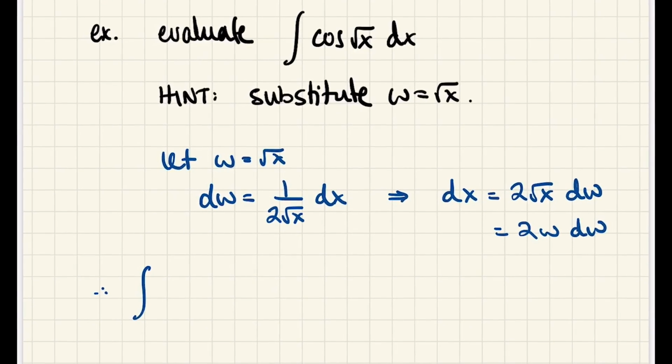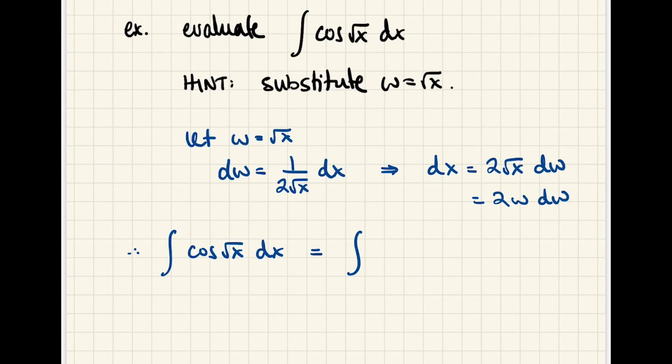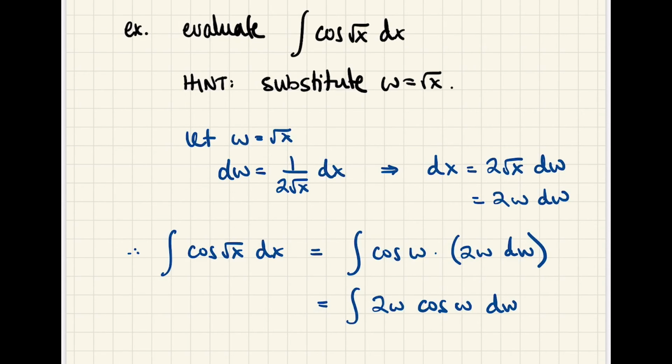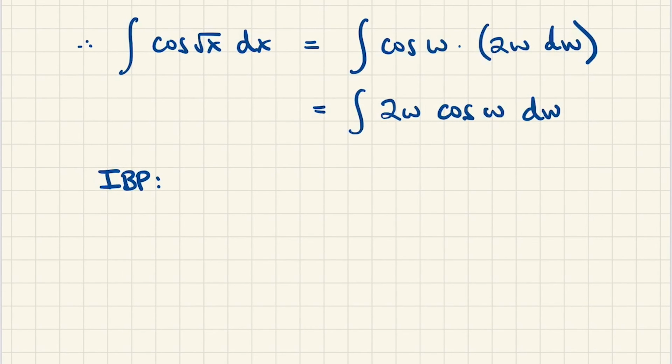So therefore, the integral cosine rad x dx becomes cosine of w, and our dx is 2w dw. So this is 2w cosine w dw. And now it does look like an integration by parts problem. So we'll use integration by parts, and good news, we've saved the letter u for it.